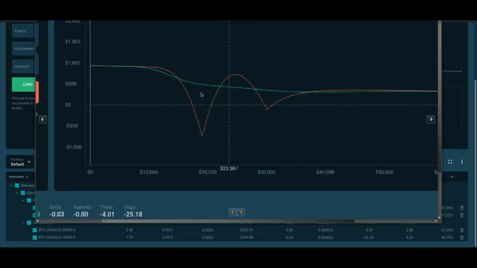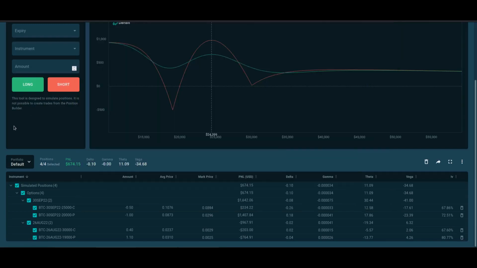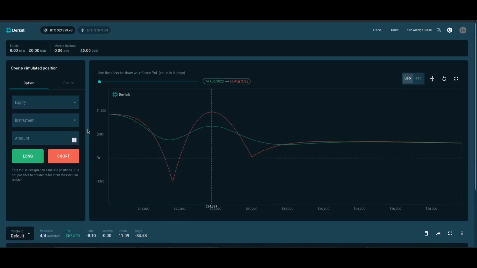That was my main idea and how the real market has shown it works. So basically that's all I would like to show you.